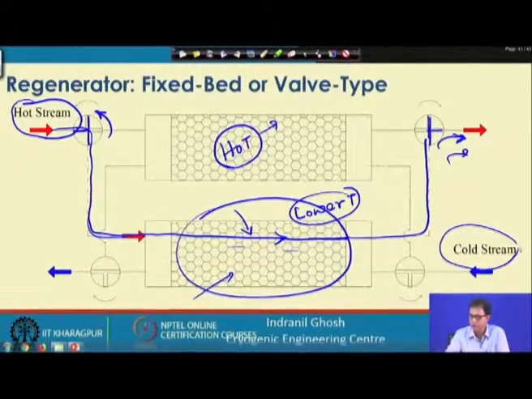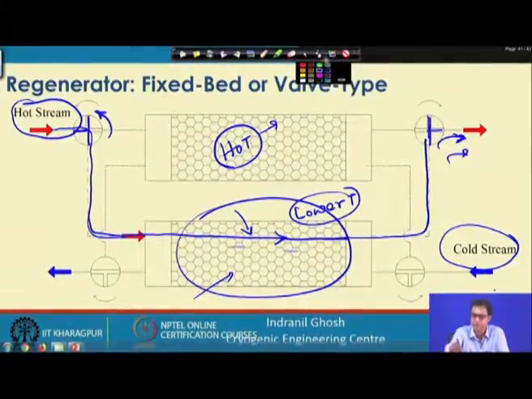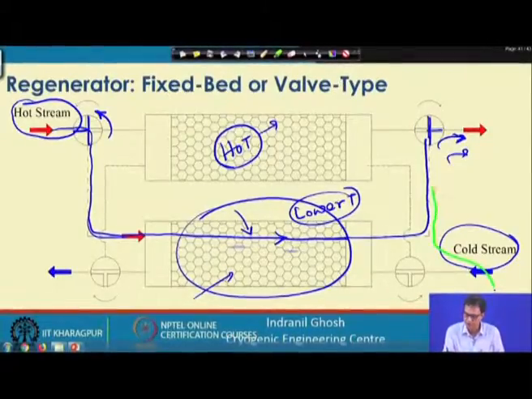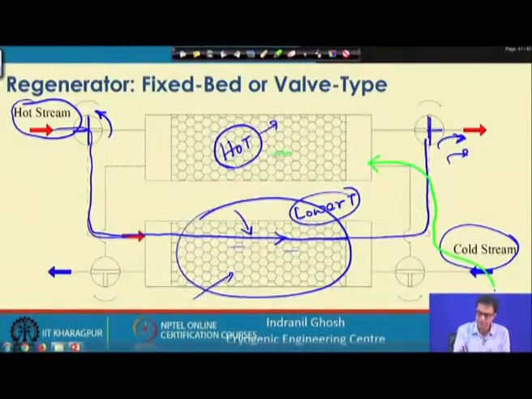What we did is that we put a cold fluid stream through this bed, and this cold stream is flowing through this bed, and it is picking up the heat that the hot fluid left when it heated up this regenerator in the earlier cycle. So, now this cold fluid stream is flowing through this, and it is picking up this heat.